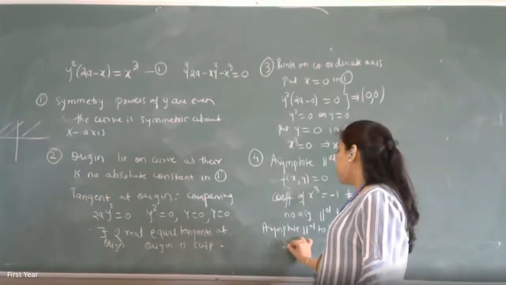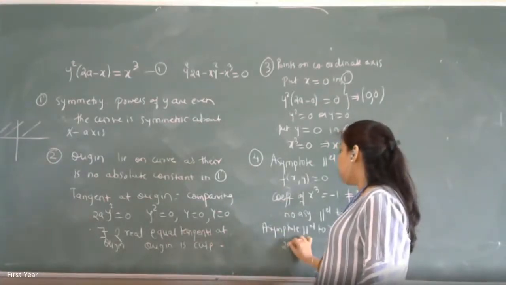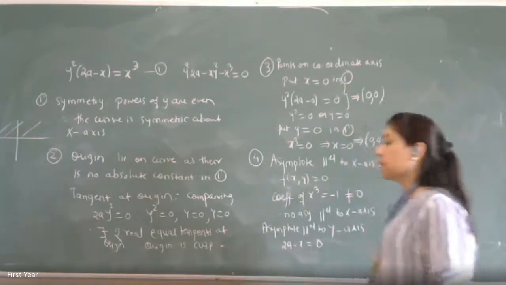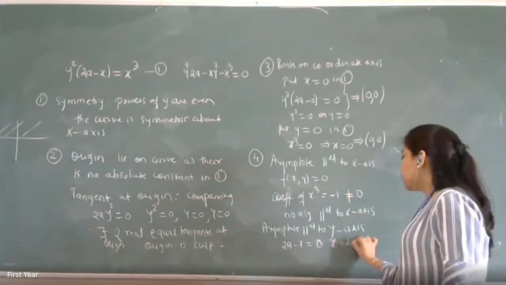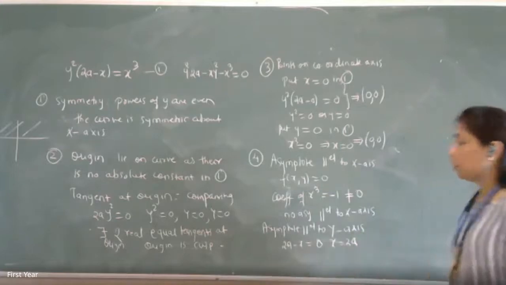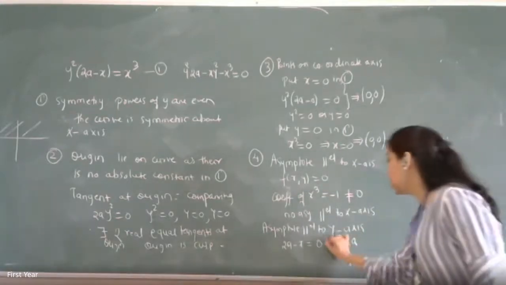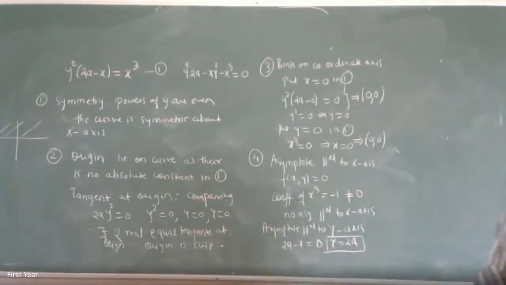So comparing the coefficient of highest power of y to 0, you get 2a minus x is equal to 0. That means x is equal to 2a is the asymptote parallel to the y-axis. Is it okay? Clear?